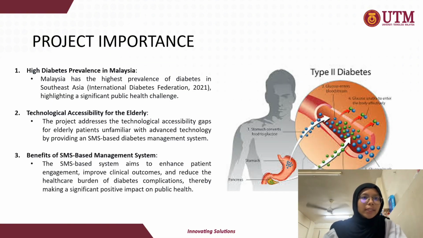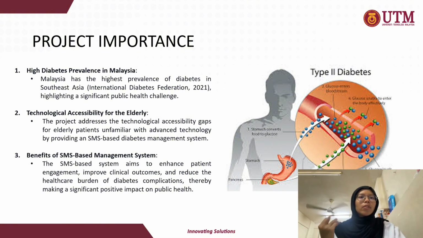Right, so next we continue with project importance. First is high diabetes prevalence in Malaysia. As I mentioned earlier, 1 in 5 adults in Malaysia has this problem, and Malaysia also has the highest prevalence of diabetes in Southeast Asia.